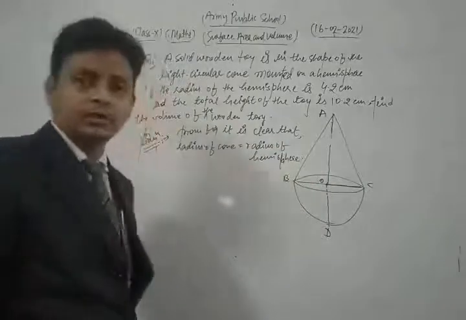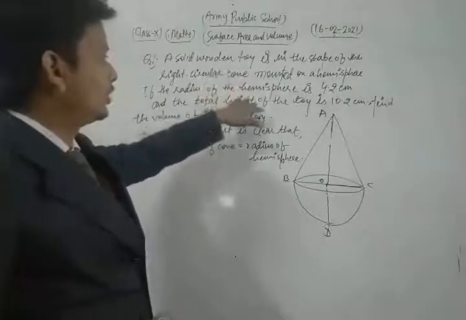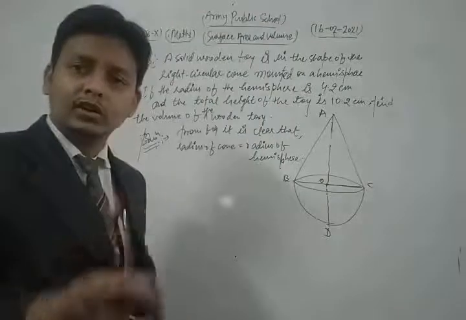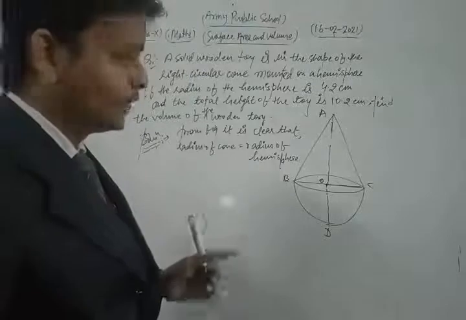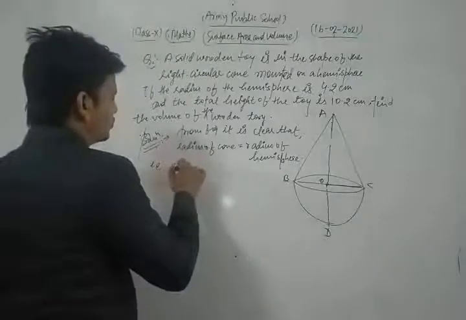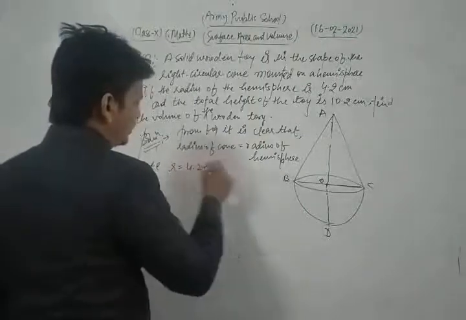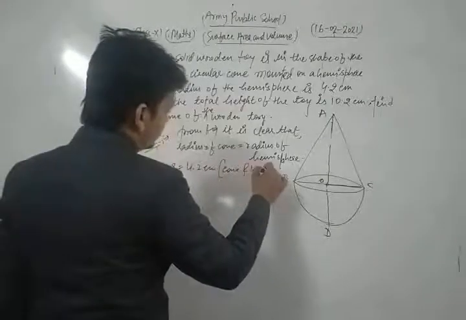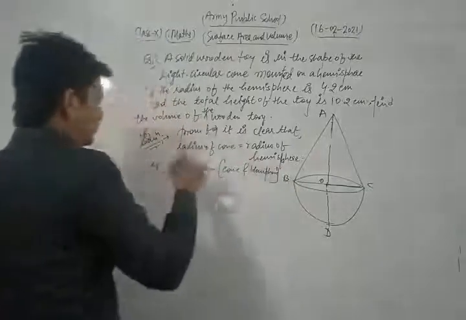It is clear, everyone? Here, the radius of the hemisphere is 4.2, so the radius of the hemisphere as well as the radius of the cone will be the same. From the figure, R is equal to 4.2 centimeter. This is the radius of the cone as well as the hemisphere.